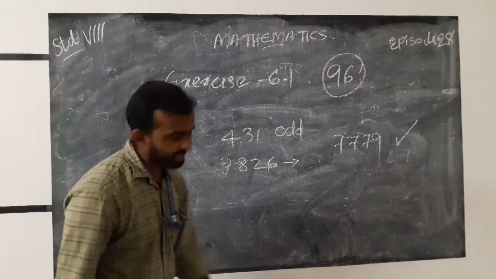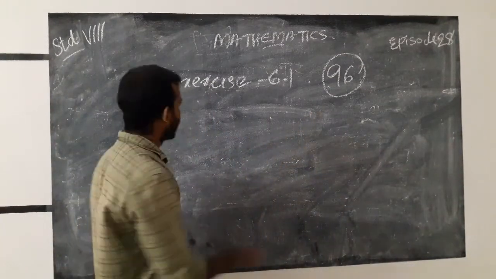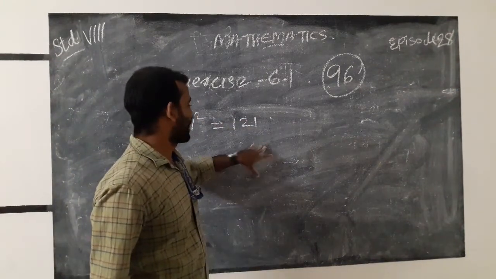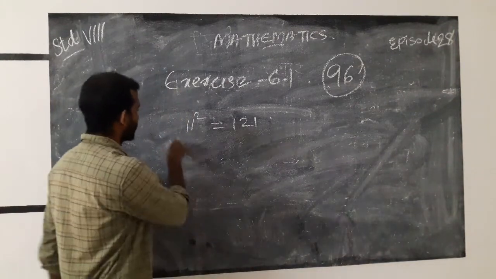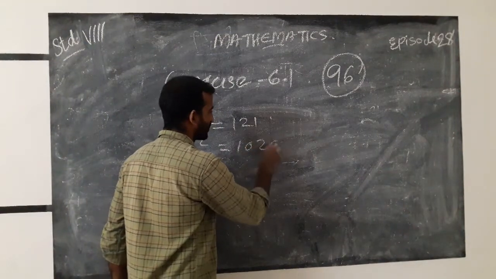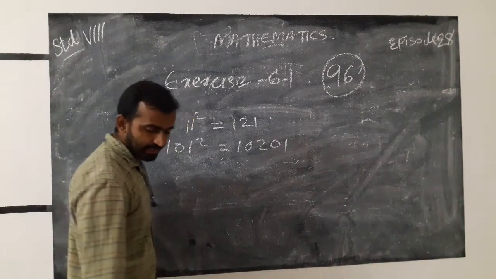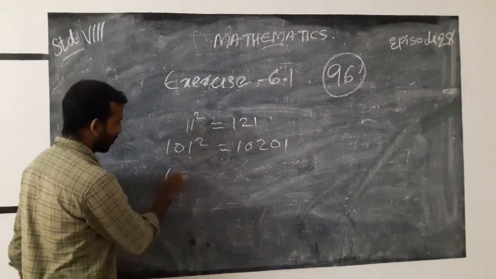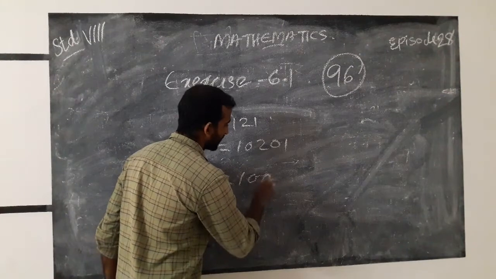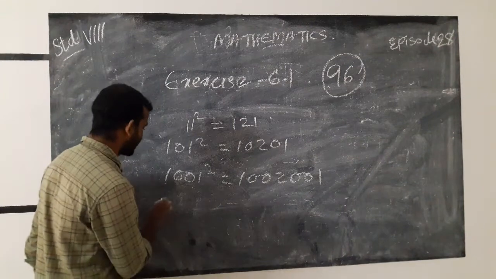That is, there is a pattern. 11 squared is 121, and 101 squared is 10201. And 1001 squared is 1002001.